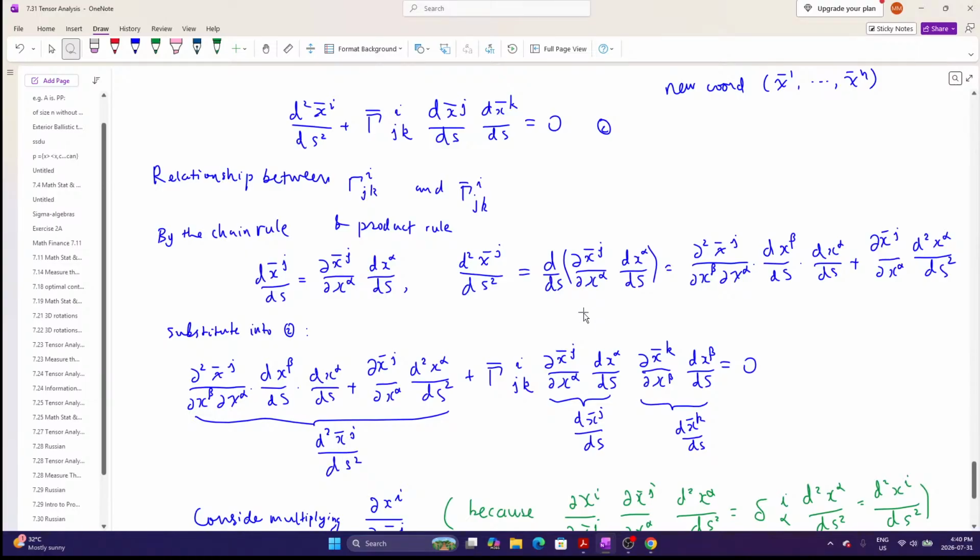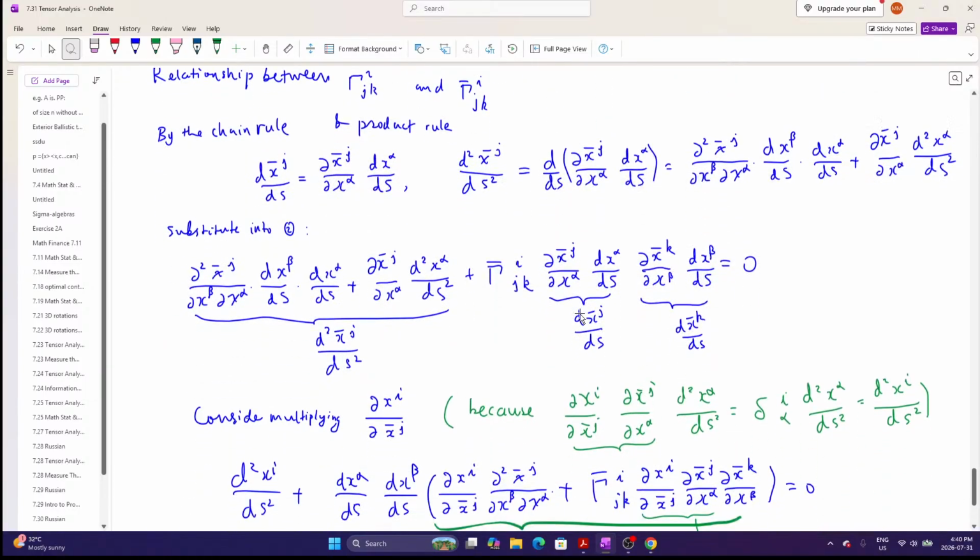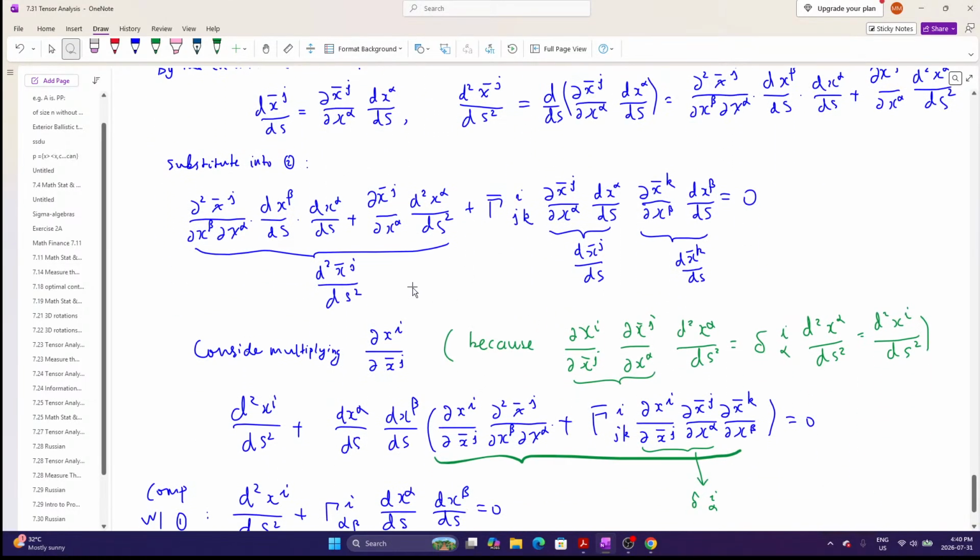All right, so let's think about what is happening. I multiplied this on both sides, and then after substitution, got this gamma with the four derivatives at the end, right?